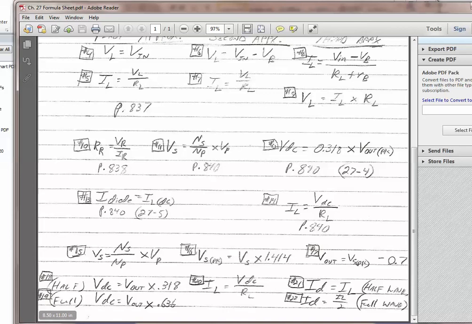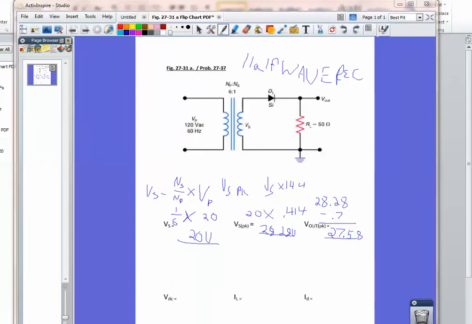Now for a full wave rectifier, you're going to use a different value. But here in the half wave, we're going to use V out times 0.318.